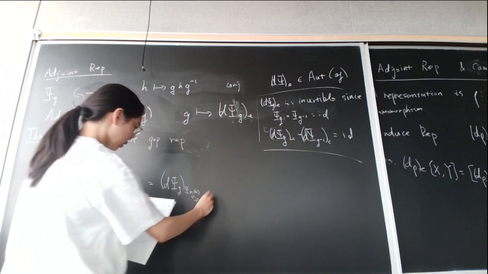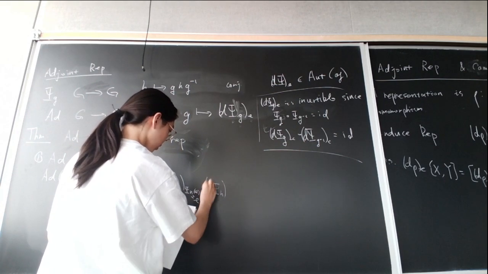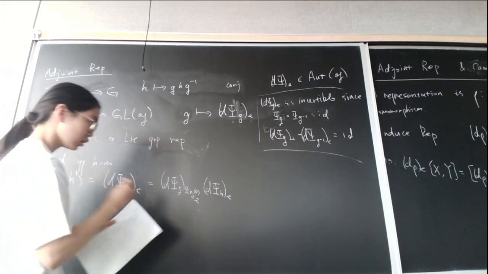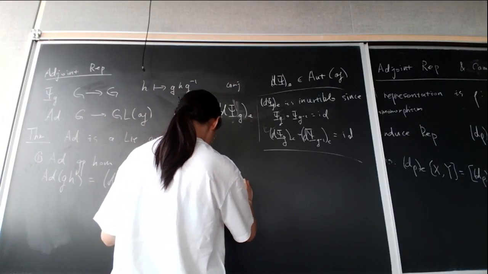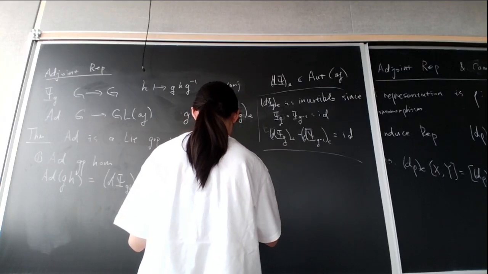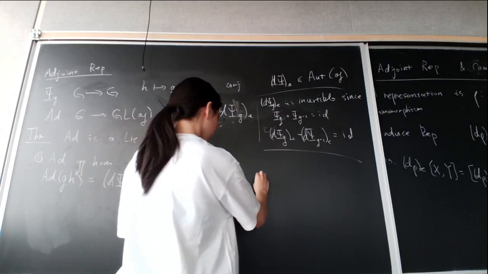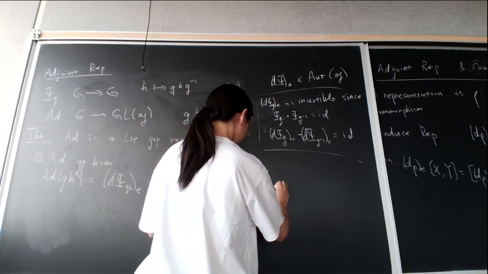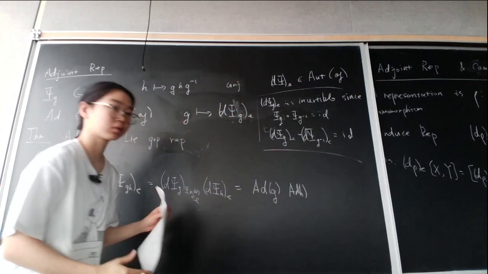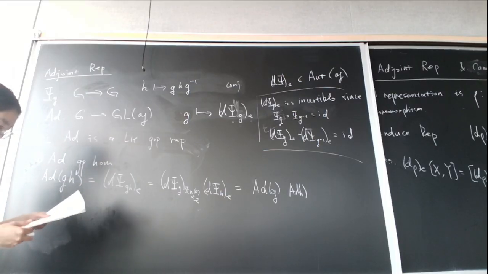This is the chain rule, and this is equal to the derivative of conjugation by G at identity, applied to the derivative of conjugation by H at identity. So this is AD G composed with AD H. So we've proven the first point.